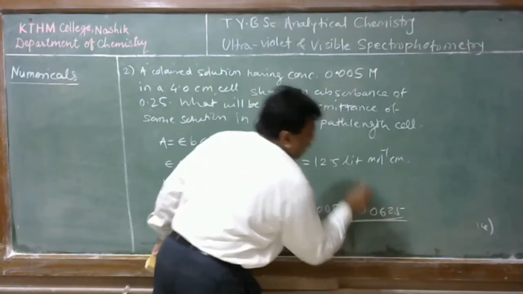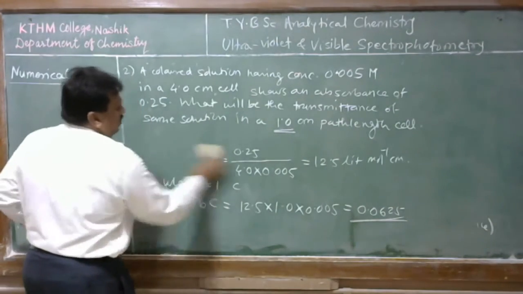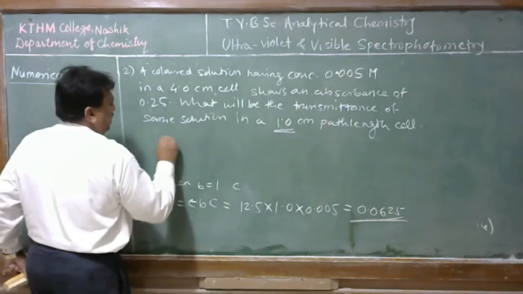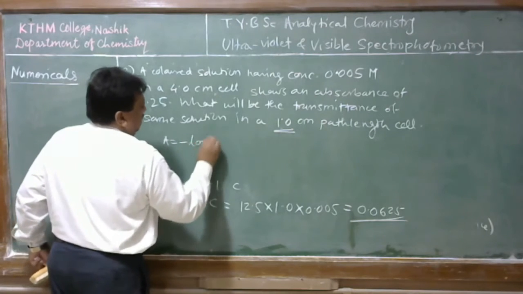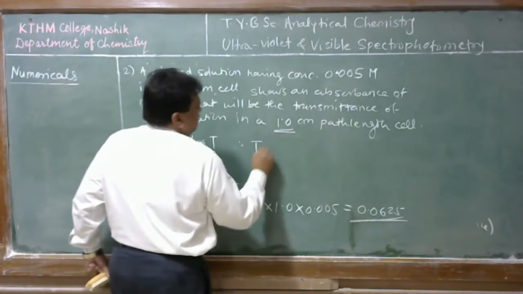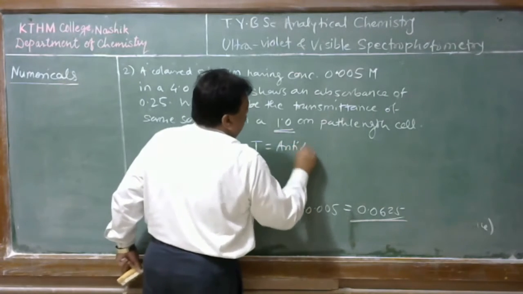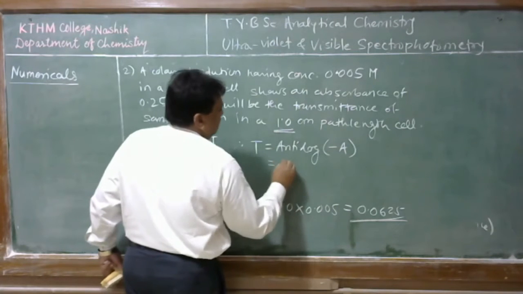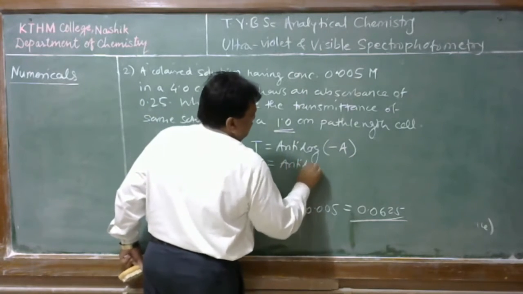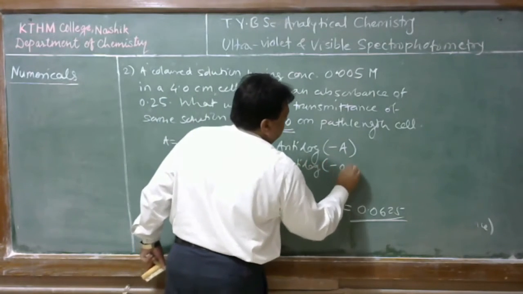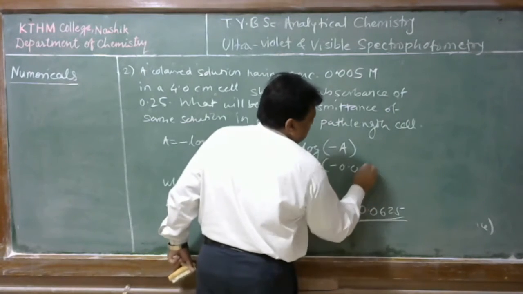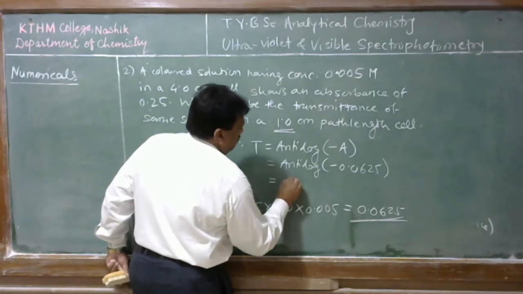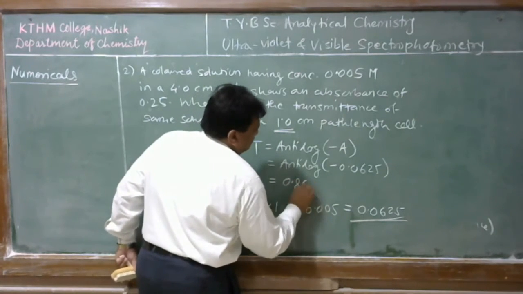Therefore this is the new absorbance, and now we have the relation A is equal to minus log T, and therefore T is equal to antilog of minus A, that is antilog of minus 0.0625, and finally this value is equal to 0.866.